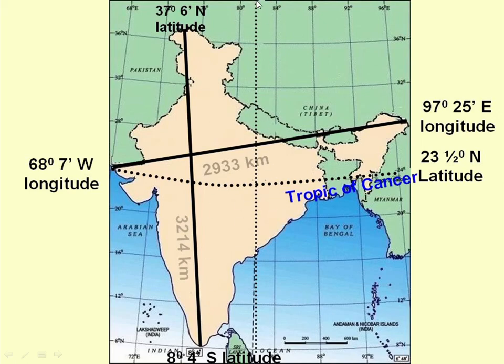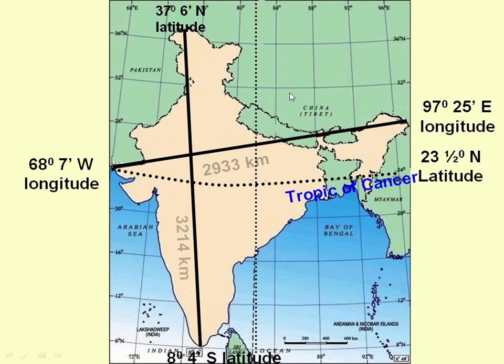Can you see, between 80 and 84, that is 82 degrees 30 minutes east. This meridian is chosen as it is located exactly at the center of the west and east longitudes. This meridian is chosen as the standard meridian of India. Based on this meridian, we are calculating our time.